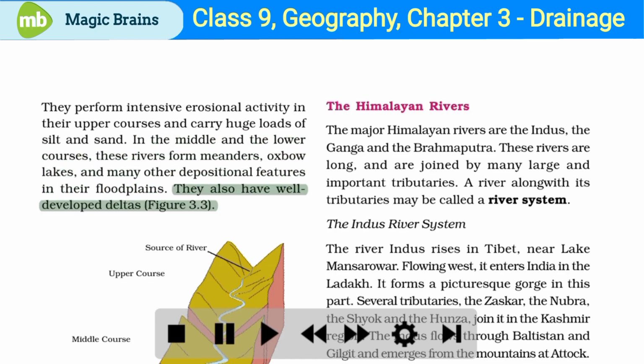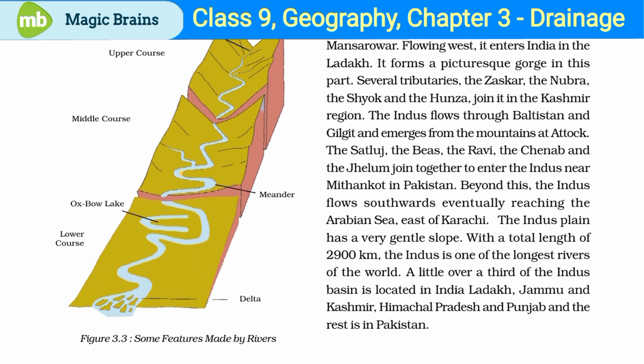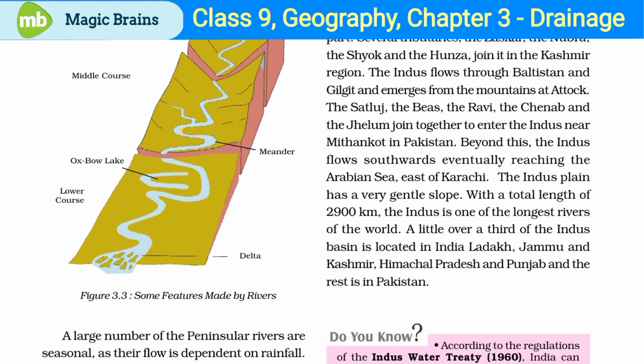They also have well-developed deltas. Figure 3.3. Given here is a diagram which shows some features made by rivers. The source of the river is in the upper course. The middle course forms the meanders, and the lower course makes oxbow lakes and deltas.